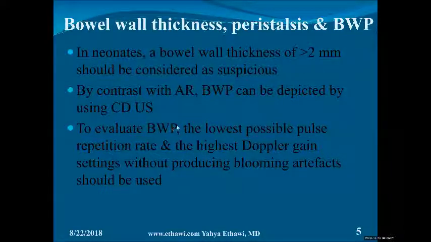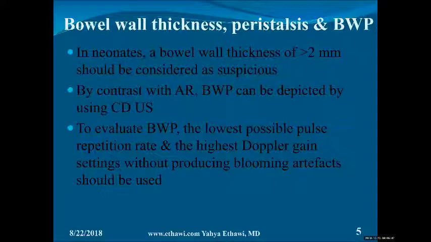When you try to see the air or peristalsis, try to make the contrast the lowest possible, whether it's color or 2D. So you go to the lowest possible you can see, decrease your contrast as much as possible.